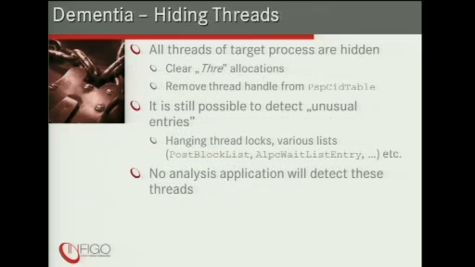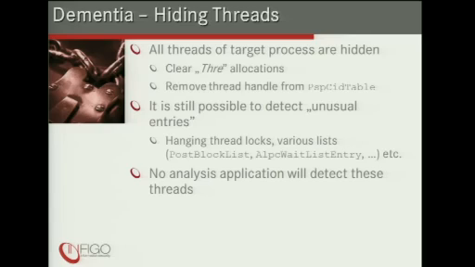Regarding thread hiding, it's relatively easy. I mean, the methods implemented here are relatively easy. We delete the thread allocation, and we also remove the thread handle from the global handle table of thread and process handles called PspCidTable. Be aware that there are still some thread-related artifacts that are not hidden.